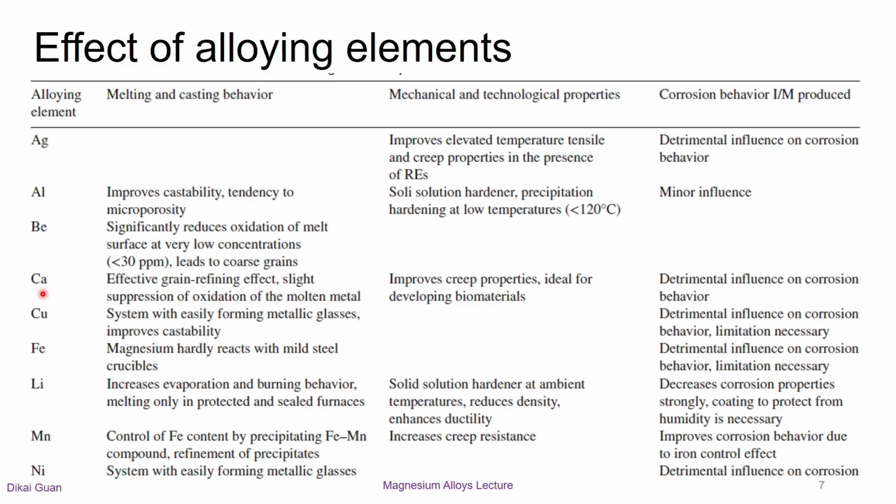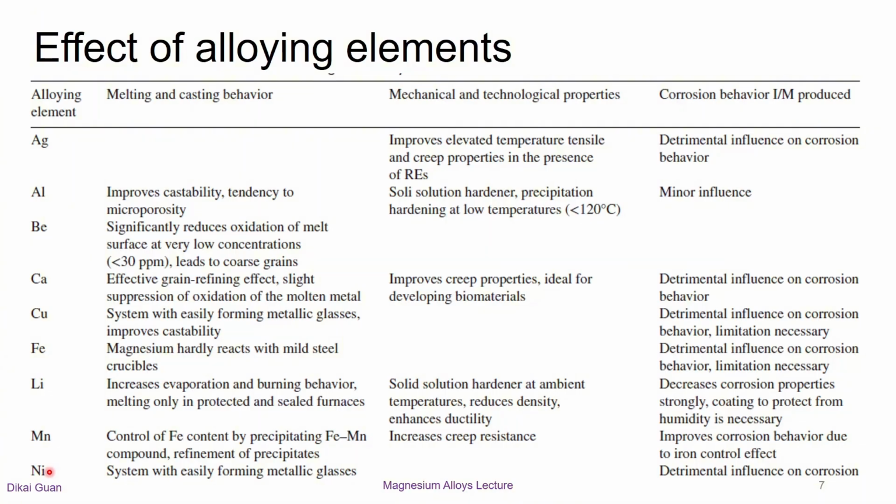Calcium has been popular recently because it can refine the grains, improves creep properties, and it can weaken the strong basal texture like rare earth elements. Copper, iron, and nickel are not friendly to magnesium alloys, since they normally deteriorate the corrosion resistance even with a very small amount.